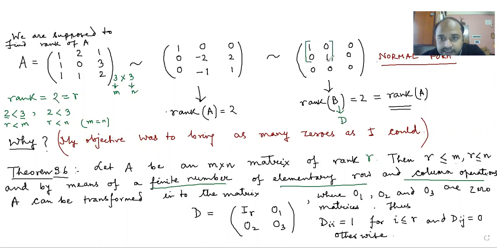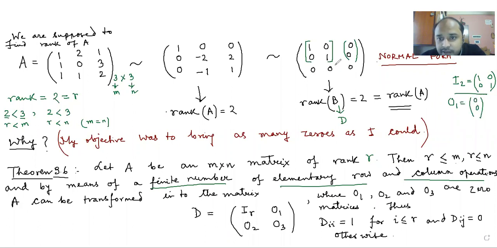So this matrix is actually my I_r. So according to the theorem, this matrix is my I2, which is an identity matrix, 0, 1, 1. Okay, and this matrix O1 is represented by this column matrix, the column matrix 0, 0.